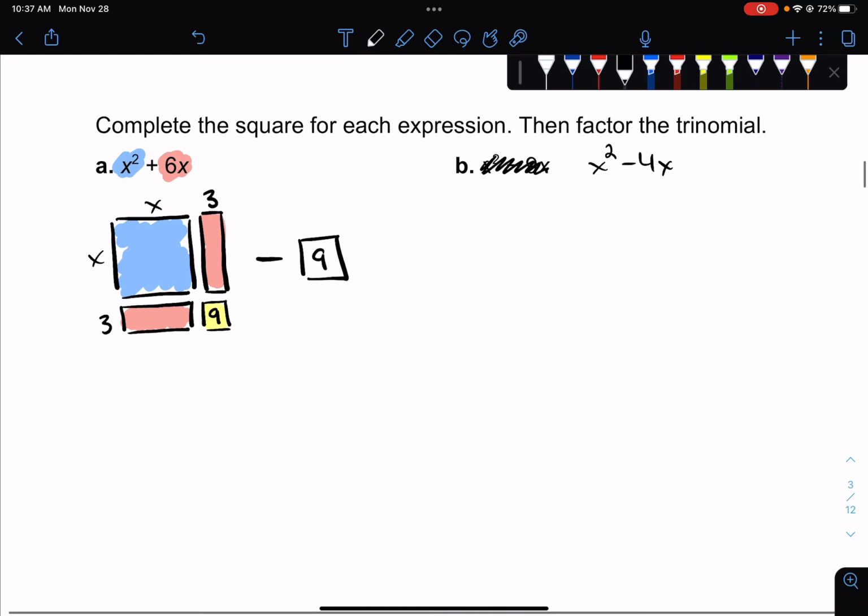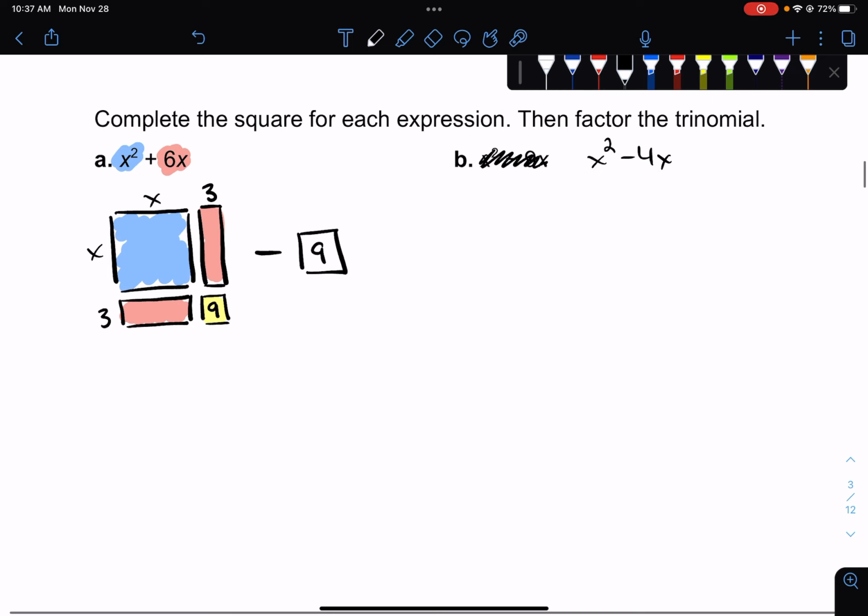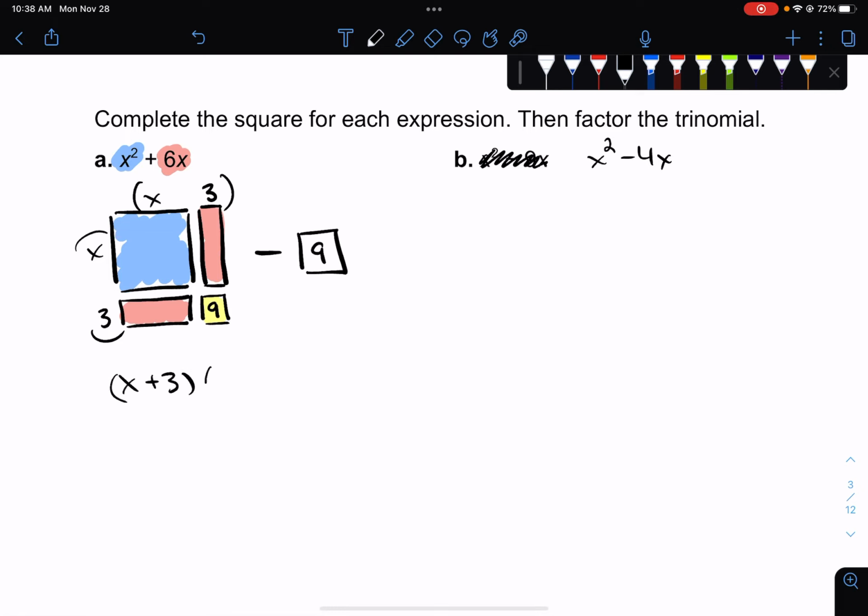So cool. Now I can rewrite my equation. Instead of x squared plus 6x, I can take this right here and this right here and write it x plus 3, x plus 3. And then I've got this stupid minus 9. It doesn't always completely go away, and that's all right because it's going to help me with my graph.